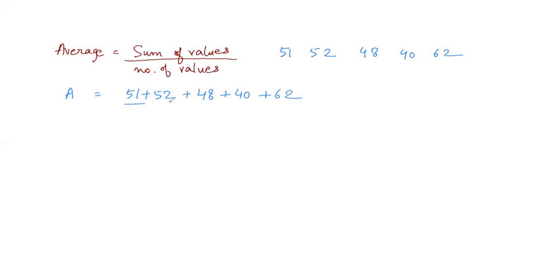And then I can divide it by the number of values, which is 1, 2, 3, 4, 5, which will give me some value. And we can see that from an exam point of view, this will not only take a lot of time, but also has a very high chance of making a calculation mistake, right?